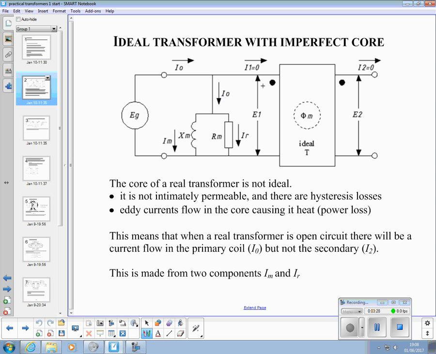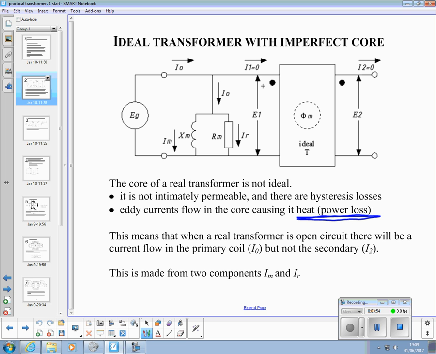Then what we do is we split that current into the current through this resistor Rm. That represents the heating effect in the windings, the heating effect of the core, and it represents this heat power loss here.